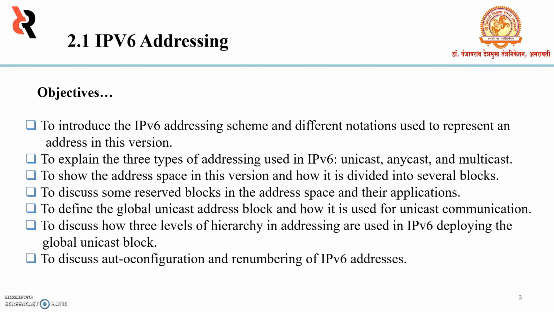The objectives of IPv6 addressing is to introduce IPv6 addressing scheme, explain the three types of addressing used in IPv6, that is unicast, anycast and multicast, and to show the address space, to discuss some reserved blocks in the address space, to define the global unicast address block, to discuss how three levels of hierarchy in addressing are used in IPv6 by deploying the global unicast block, to discuss auto configuration and renumbering of IPv6 addresses.